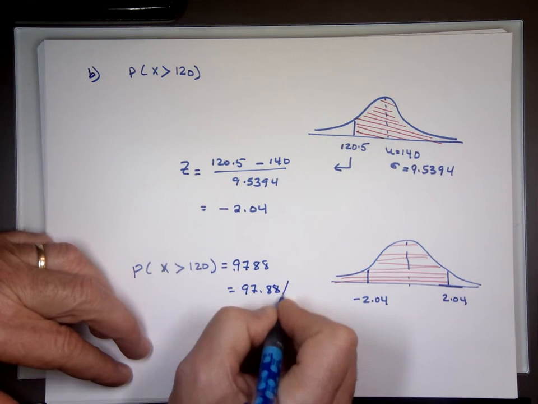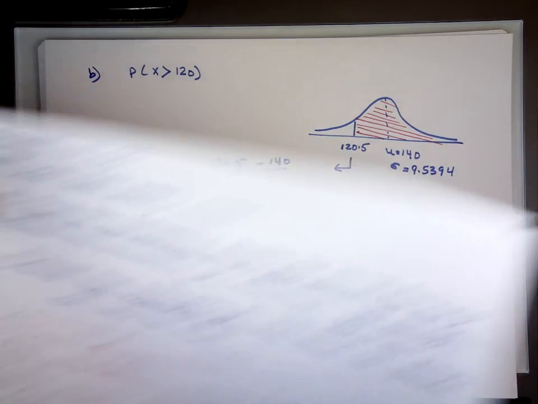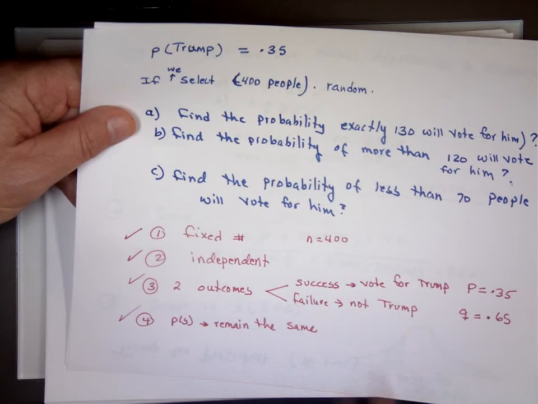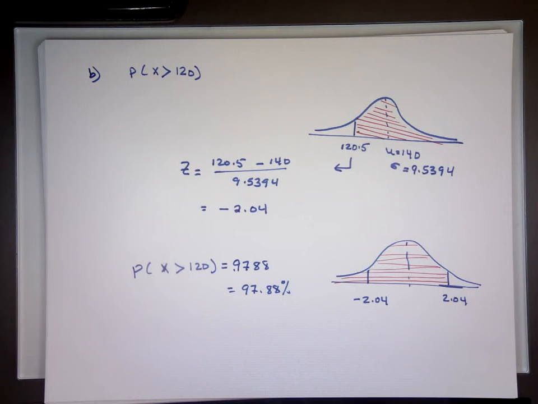Now it looks like, wow, he's going to win the election. No, that's just because we expect how many people? The expected value to vote for Donald Trump when you have 400 people based on that percentage is 130. So to get only 120, it's going to be more than 120. 120 or higher.